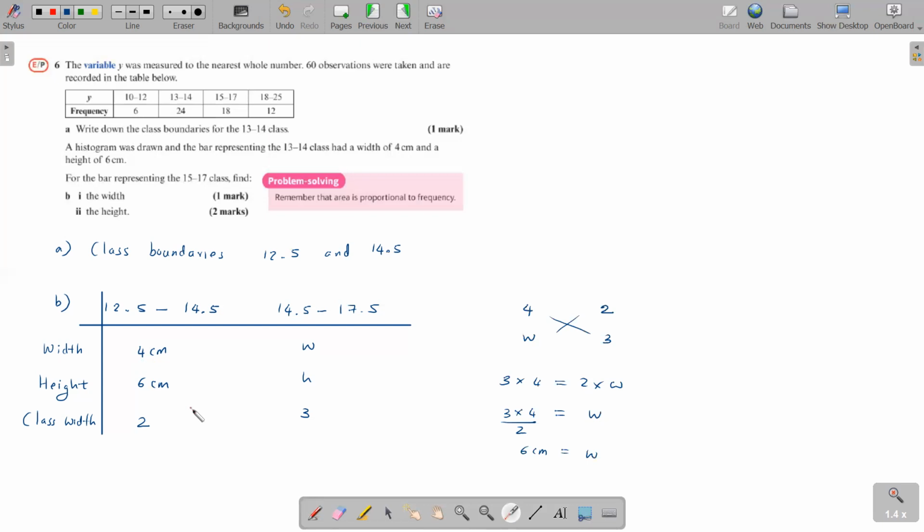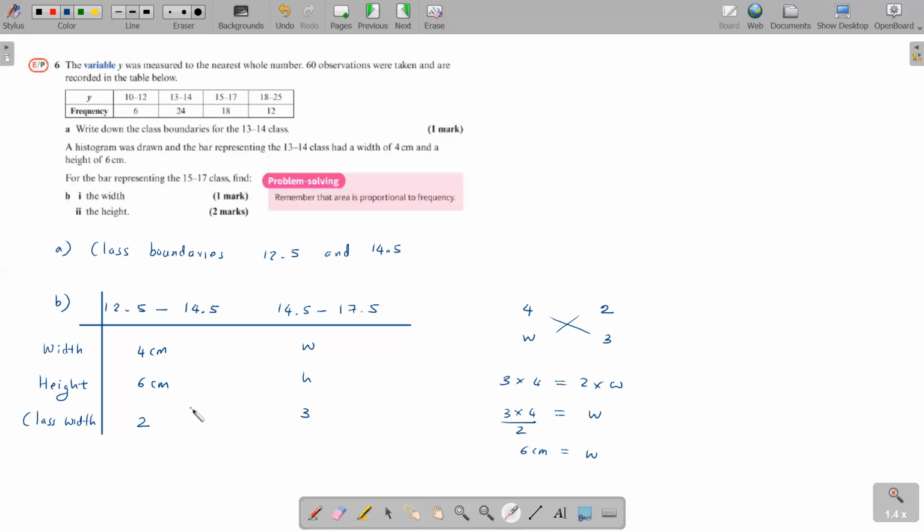How about the height? How do we go for the height? The height of the bar comes with the frequency density, which means in these cases you can't always assume k is 1. You can't immediately say frequency density is frequency over class width. You need to get the k value.